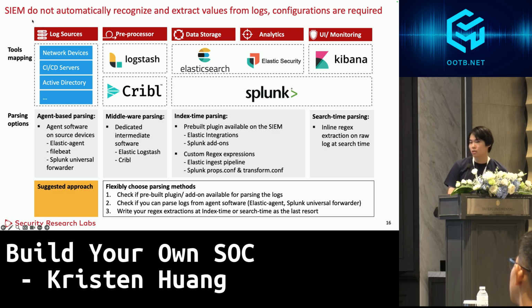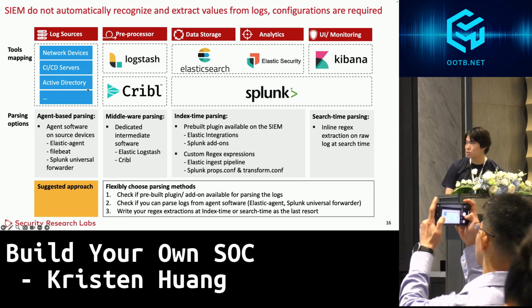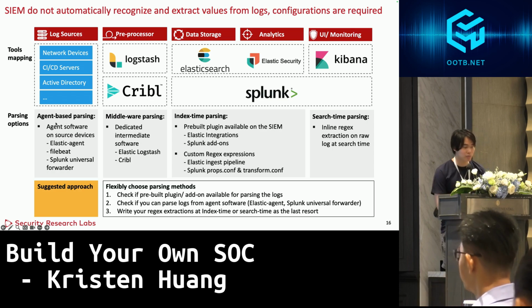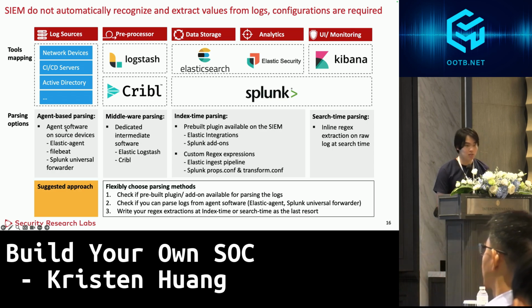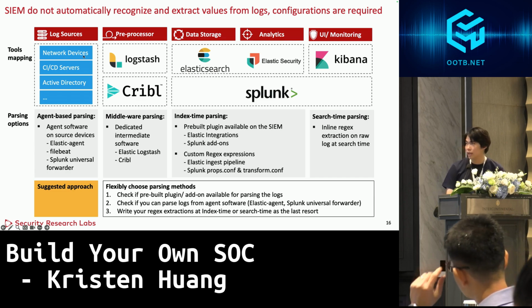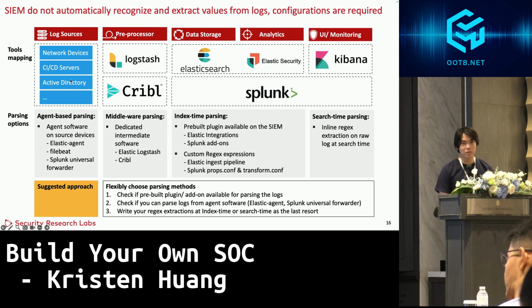So in the beginning of our architecture overview, I mentioned there are different stages in the data pipeline. So when you're setting up the parsing, you can also do it at different stages. The first one is agent-based parsing. You can install agent software on your servers or network devices and let this agent parse for you. For example, on Active Directory, maybe you can install an Elastic Agent on it.